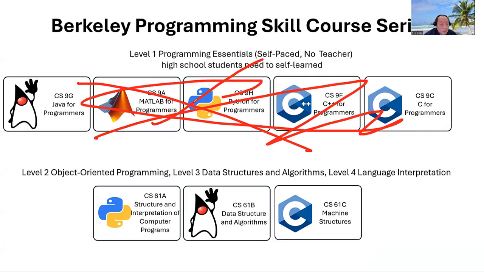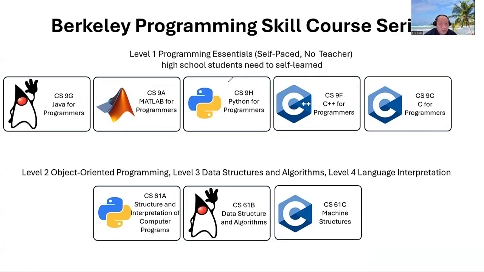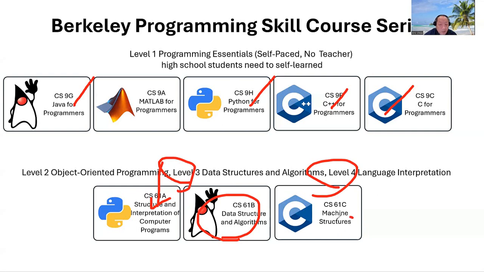They suppose you already know it: beginners Java, beginners Python, beginners C language, beginners C++. They all assume you already know it, so they directly jump into data structure and algorithm. So this is already level 3, level 4 courses. And this is C, this is Java, this is Python.